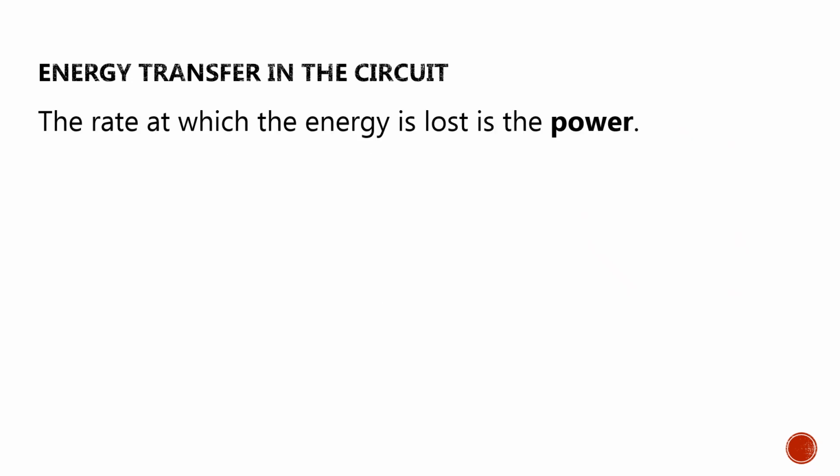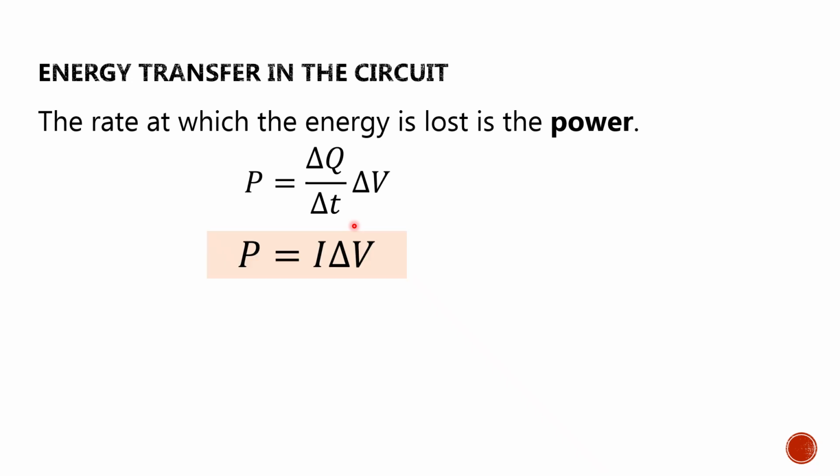The rate at which energy is lost in the movement of the charges in the circuit is called power. Mathematically, it's Q over T times the potential difference. Simplifying, the ratio of the total charge to time is the electric current, multiplied by the potential difference.